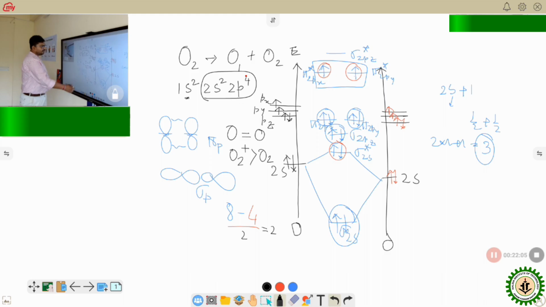If I consider O2 plus, that means I have 1 electron less. So from this molecular orbital diagram, which electron will be ejected from the outermost shell? Here the outermost shell is this pi star 2px and pi star 2py. That means 1 electron from this antibonding will be ejected. So my number of antibonding electrons will be less. So bonding electrons remain the same, 8, antibonding electrons now 3. So the bond order is going to 2.5.